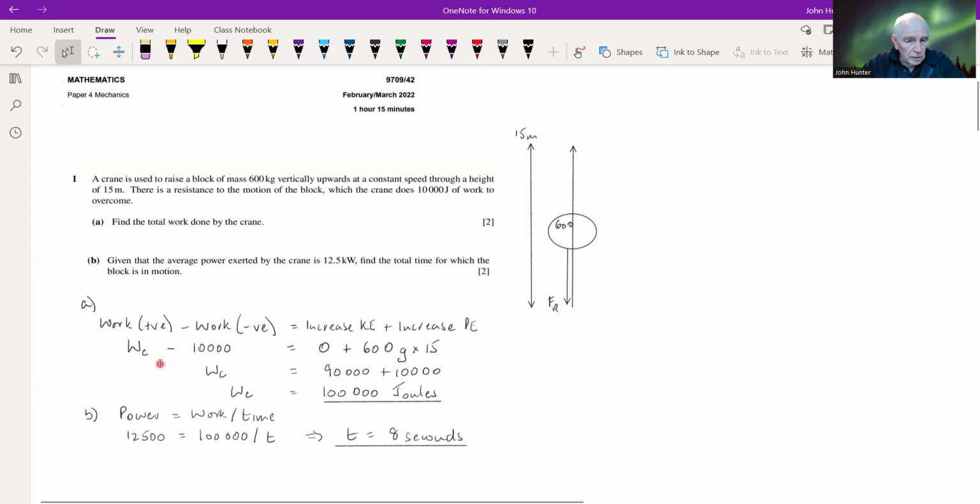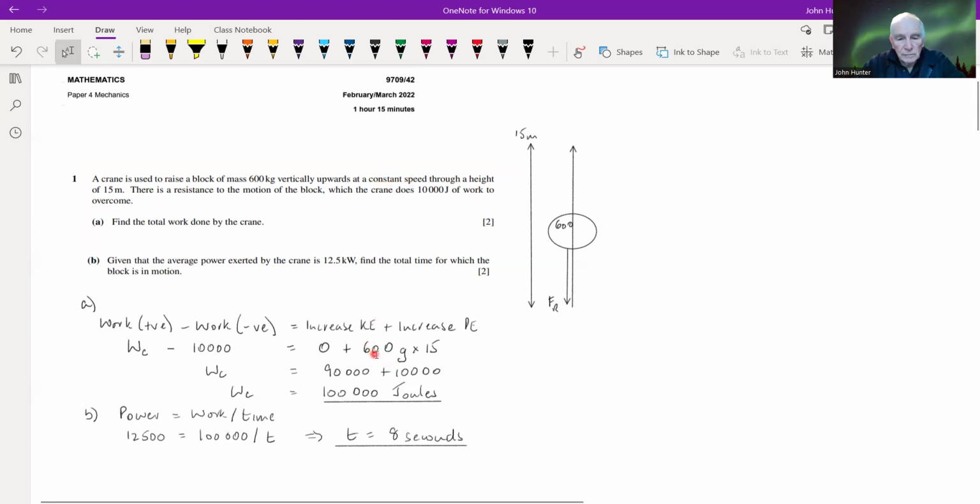So let's have a look. What do we want? This is the work done by the crane, the positive lifting work that it's done. We've got a resistance of 10,000. The increase in kinetic energy is 0, because it's constant speed, so the velocity doesn't change, so the kinetic energy doesn't change either.